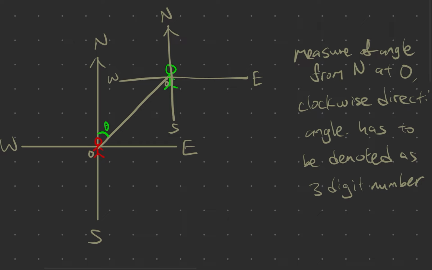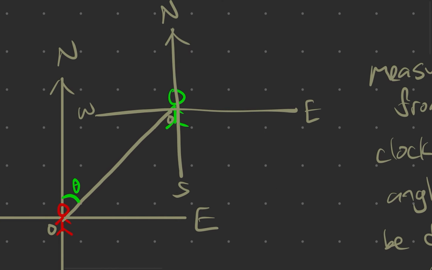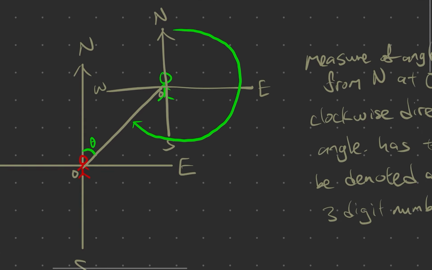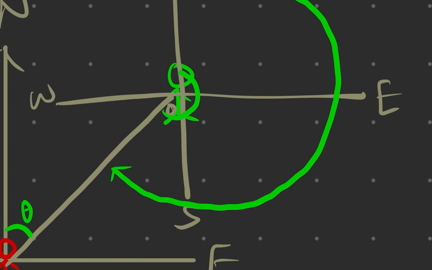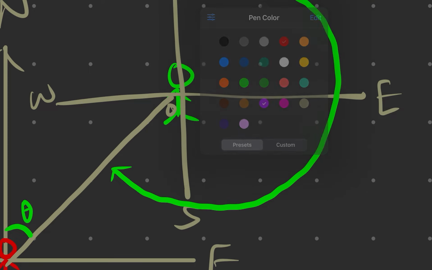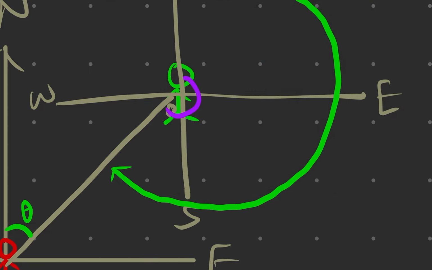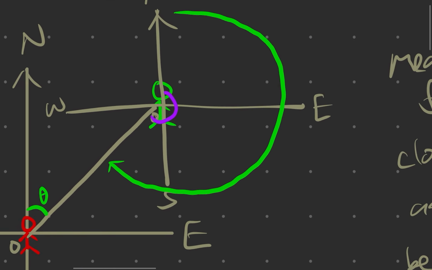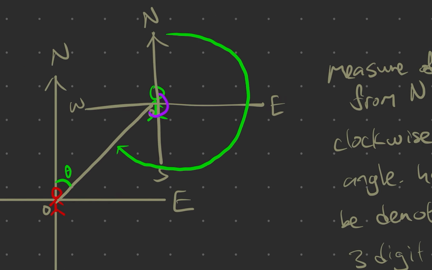So like I said, we have to start from N at O in a clockwise direction. So therefore, I'm going to go like this all the way until the line where they are connected. So this reflex angle, well, let me use another color. Let's use purple. This reflex angle over here will be the bearing of John from Sally.